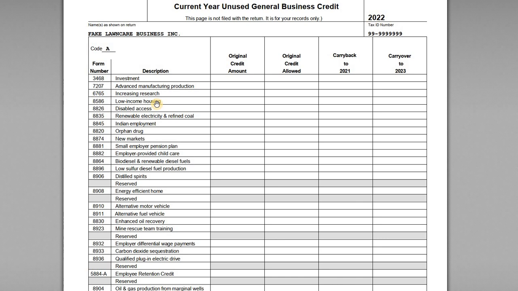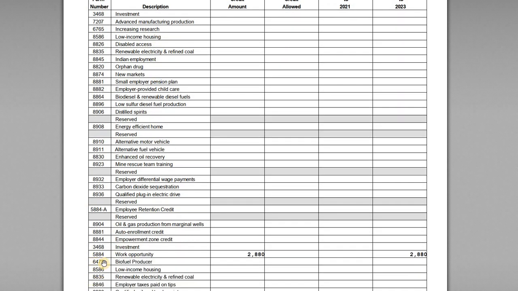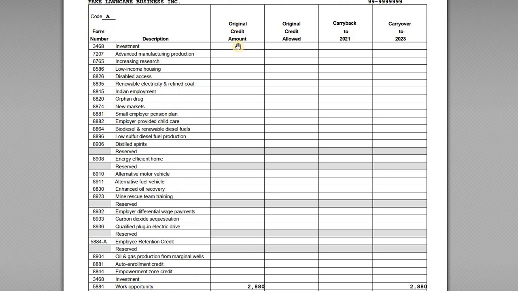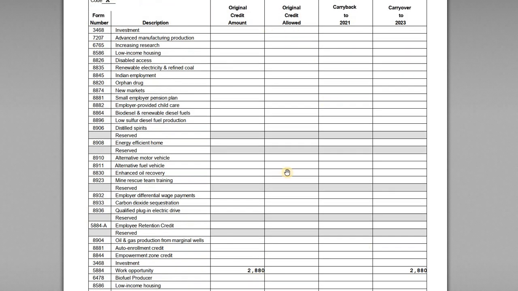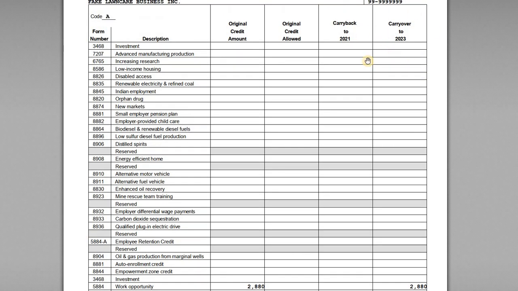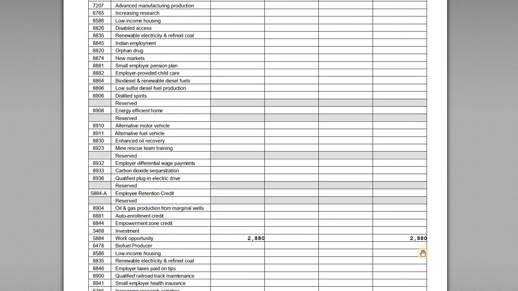The schedule we have at the bottom here shows the 5884 work opportunity credit. The current year amount, so the original credit amount, $2,880. The credit allowed is 0. Carrybacks to the prior period aren't going to apply. And the carryover to 2023 is going to be $2,880. So the full amount of the credit is being carried forward.